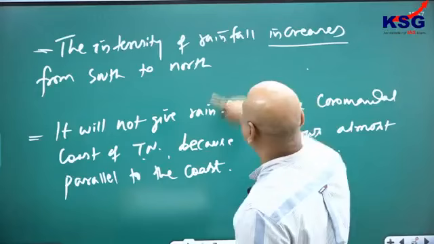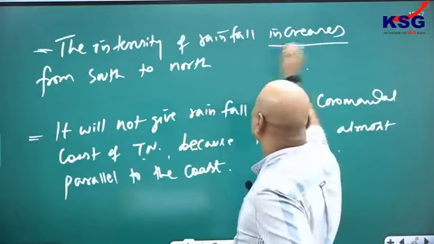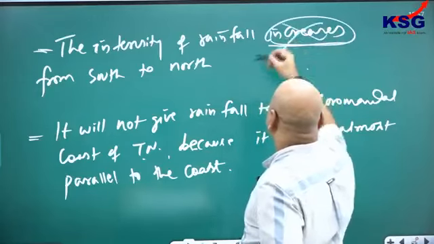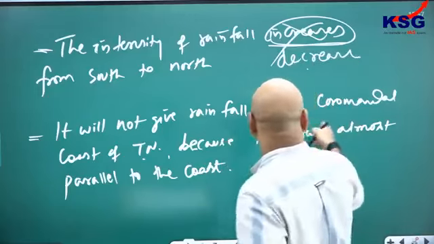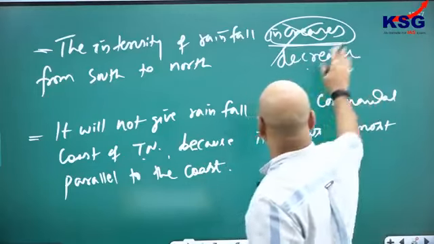Okay, the intensity of rainfall from south to north. ये इंक्रीजेस नहीं है, डिक्रीजेस है. प्लीज रेक्टिफाई. ये कोरोमंडल कोस्ट, ये आपको इसका दिया ना.